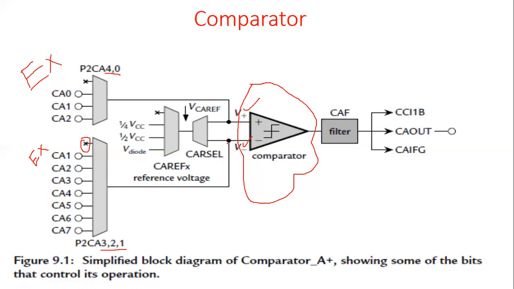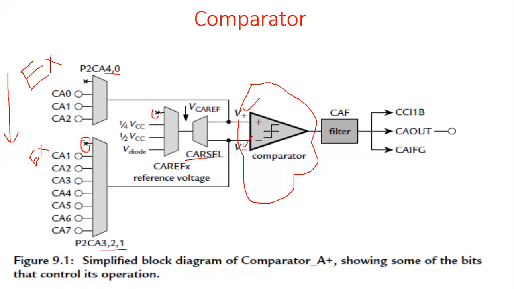Suppose you are not using external signals, at that time you can use internal signals. How to select internal signals? The internal signals are selected by using CASEL, or comparator selection. Internally we have four signals.